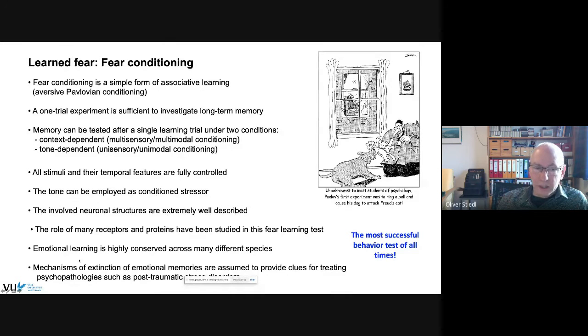And of course, the idea is that mechanisms of extinction of emotional memories and their disruption are implicated, particularly for post-traumatic stress disorder. And I will come back to some issues where I will show you in a model that I'm convinced that fear conditioning is an excellent model for these basic principles, but I'm not so sure about its translational validity.